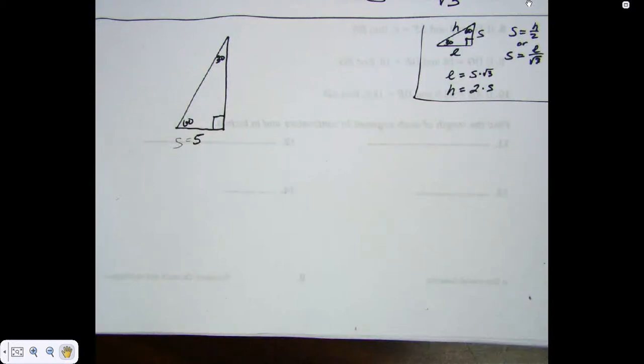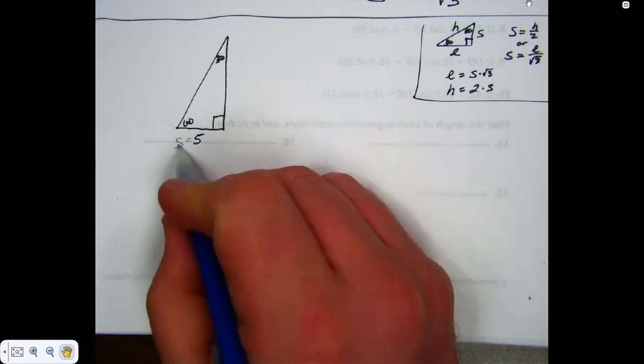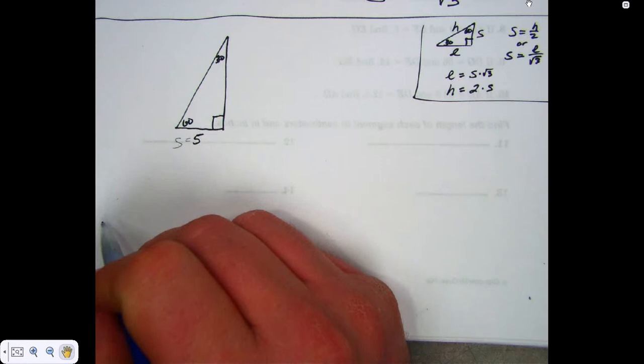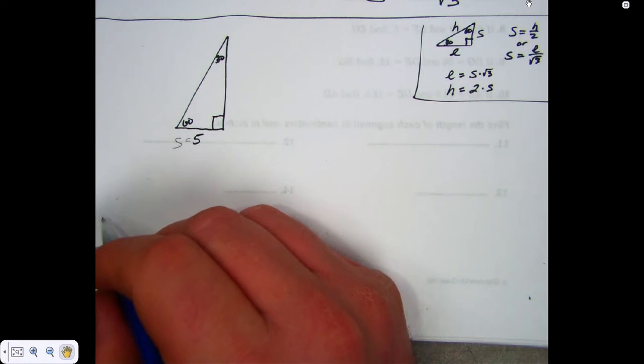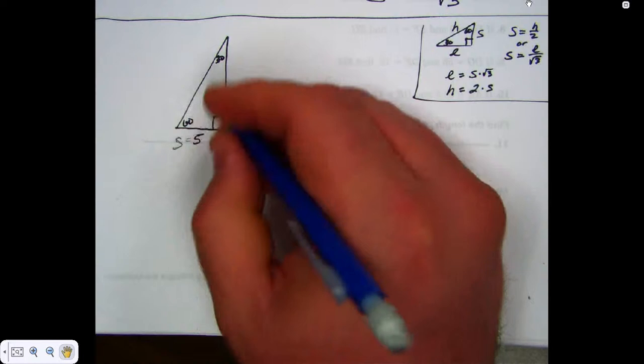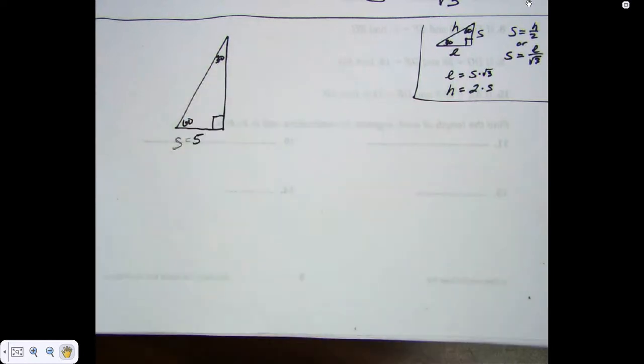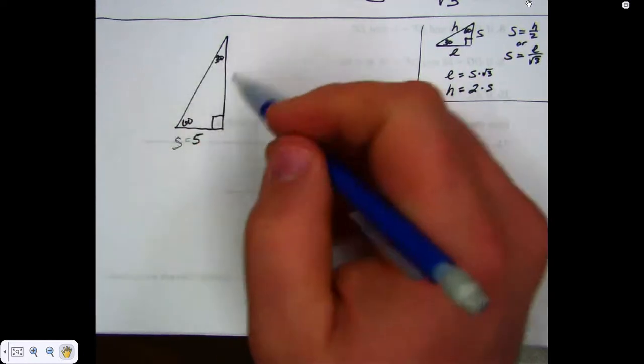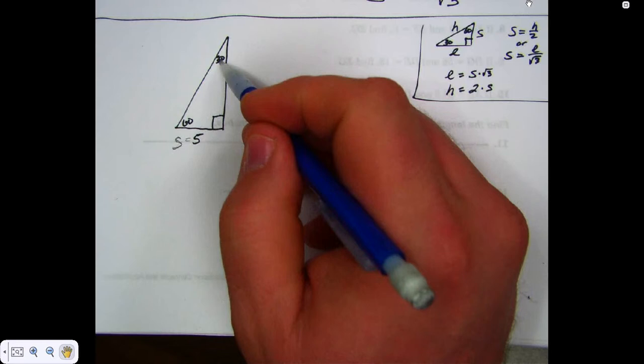I suggest you do this every time. In fact, I want this done on your paper. Every time I want you to label S, L, and H. If this is S, which one is L? The one on the right or the one on the left? This is S because it's opposite the 30, right? That has to be the shortest side because it's the smallest angle, right?